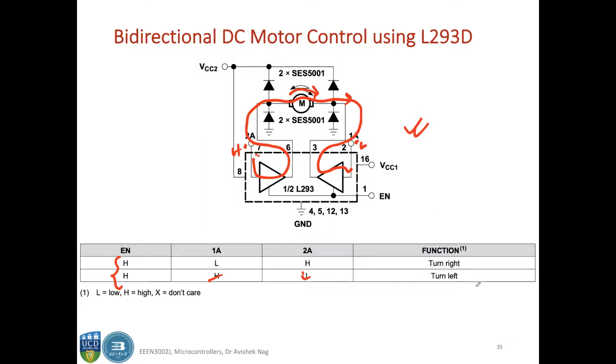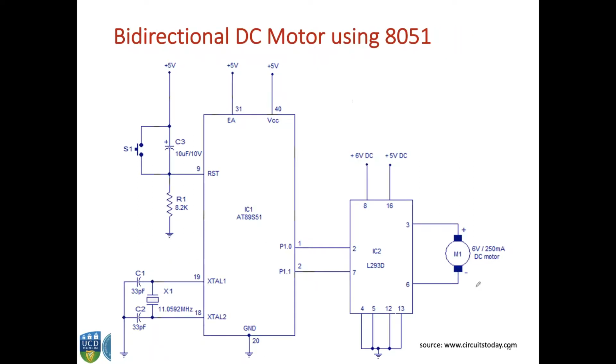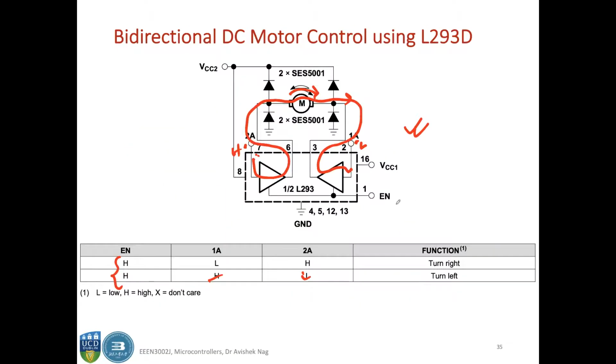So this is the entire interfacing diagram with your 8051. This is your 8051 IC, and then this is the L293 IC, and the motor is connected like this. Pins 3 and 6 are the outputs of the L293, across which the motor is connected.